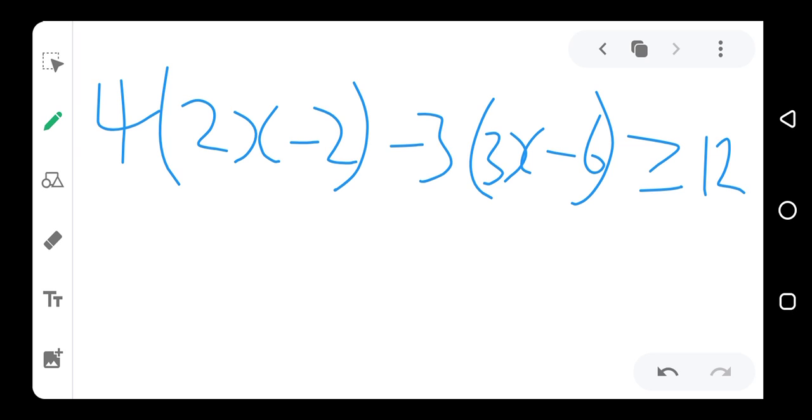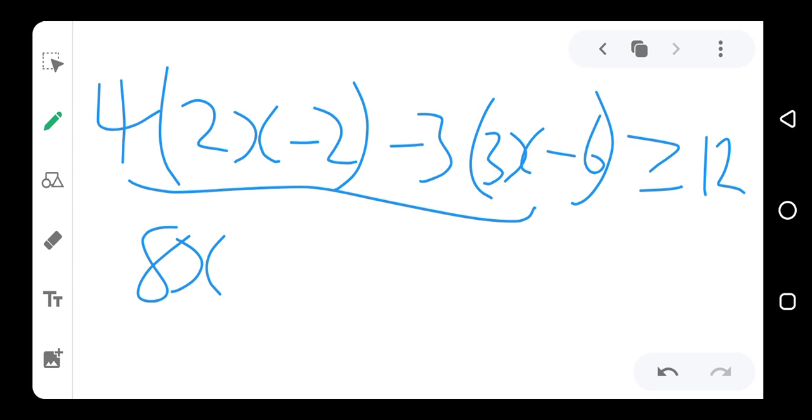Now let's solve this one. Let's simplify this side. Now 4 times 2x gives us 8x, minus 4 times minus 2, that is minus 4 times 2. 4 times 2 will give us 8.